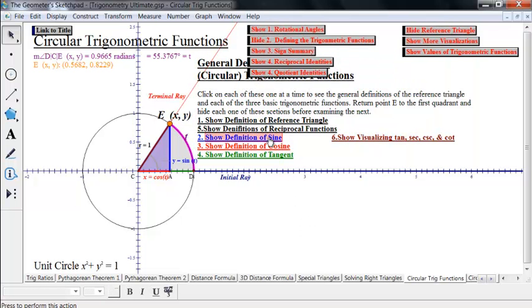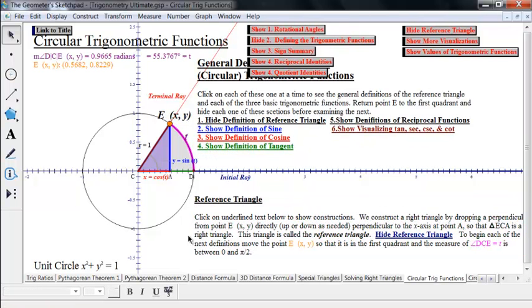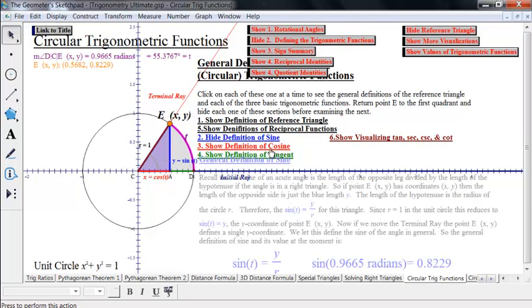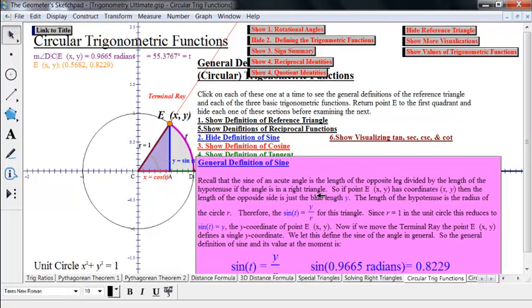Okay, so here we'll give you a definition of the reference triangle. The reference triangle always goes from this point on the unit circle straight down to the x-axis and makes a right angle there on the x-axis. And then you complete it by going to the origin. So that's the reference triangle. And here is the general definition of sine.